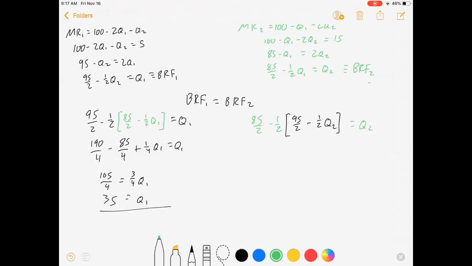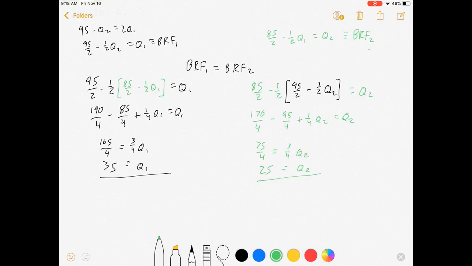That's 170 over 4 minus 95 over 4 plus 1 over 4 Q2 equals Q2. That's 75 over 4 equals 3/4 Q2, which means Q2 is 25. We've got both their quantities.